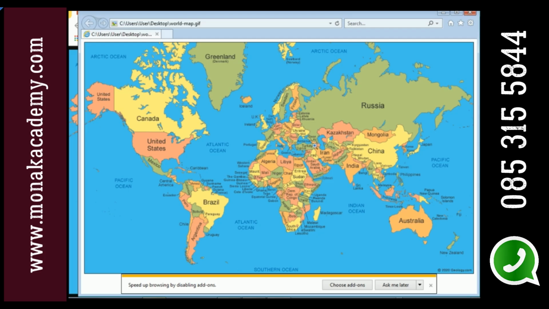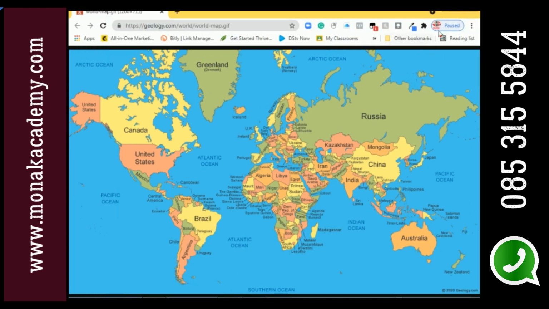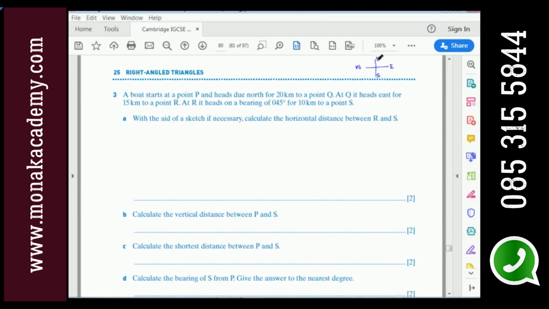So already you can see that west is always on the left side, and then the eastern side is China, India, something like that. The same way you are seeing it on the page is the same way that your compass looks like. So always to the right of your north and south line is your east. To the left is west.